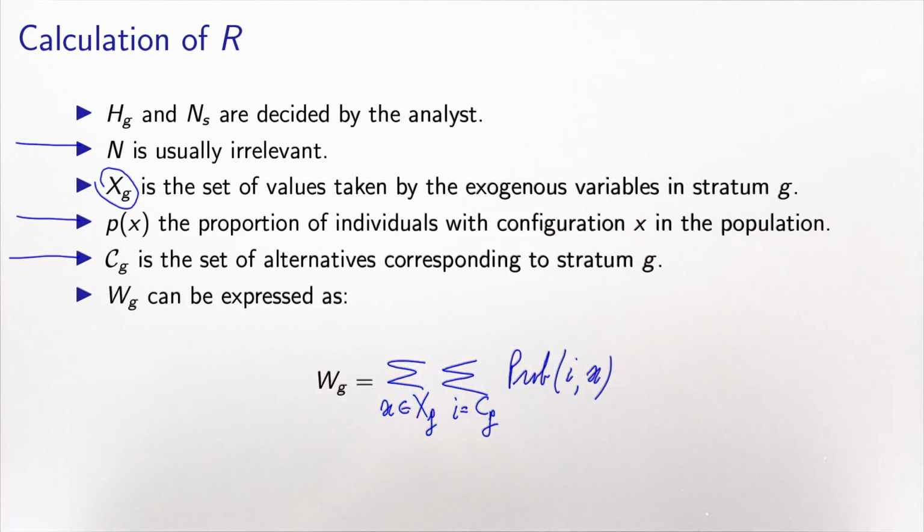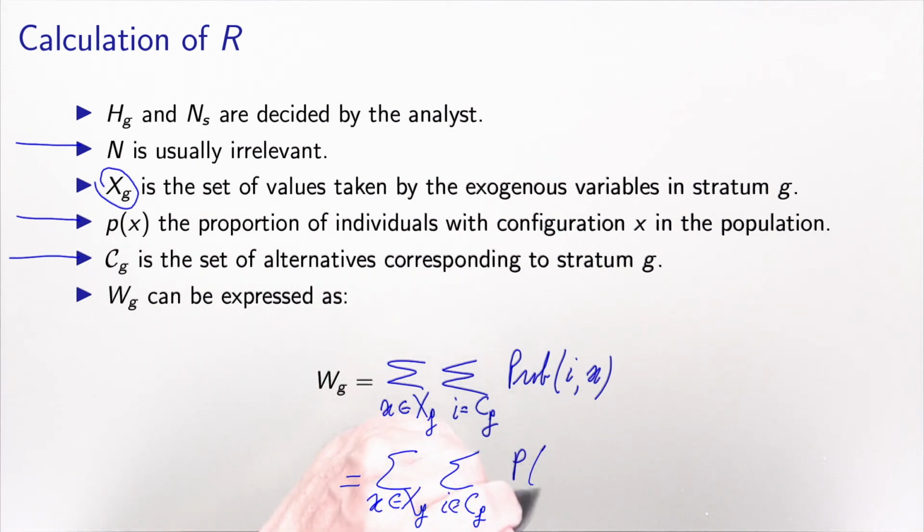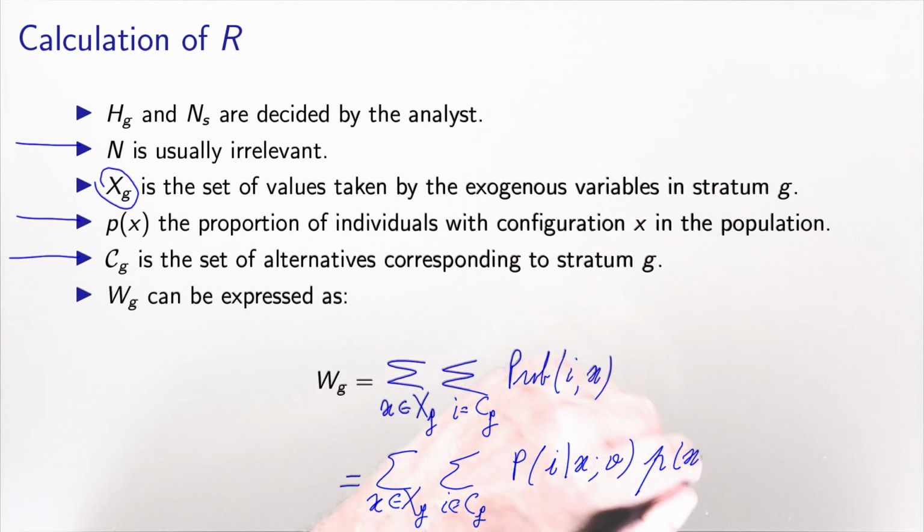But this probability is equal to, so let's write again the sum over x, the sum over i, the probability of i given x, and this is the choice model that depends on theta, times the proportion of people with variable x in the population. Okay, so this is the value of WG, and remember you need this value to calculate the probability for each individual to be in the sample.